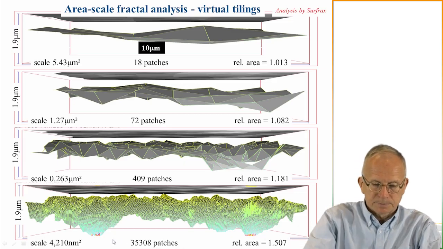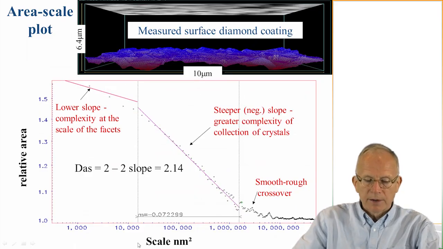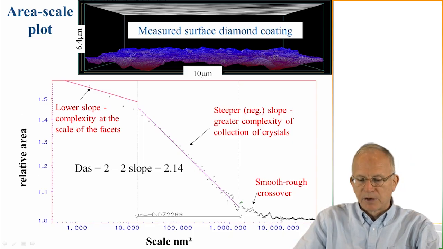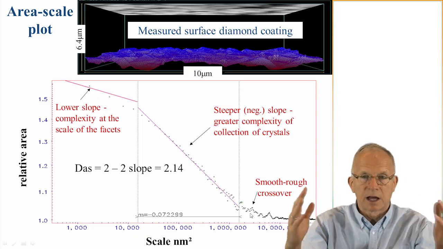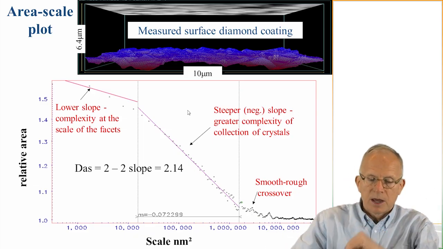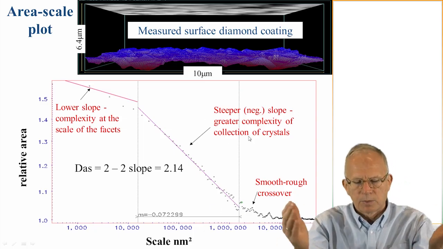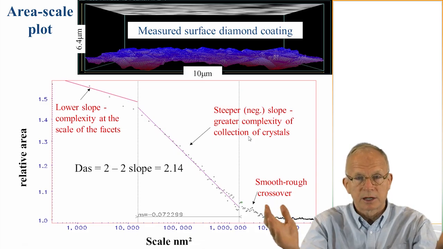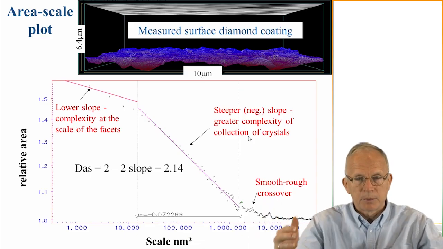So then we can do a plot, log of scale on the horizontal and log of relative area on the vertical axis. At the very large scales, we can see the relative area is 1. Then there's a smooth-rough crossover where the triangles start to fall into the valleys and climb over the mountains. Then we have a linear portion where we see the scales over which it looks like a collection of little pyramids on big pyramids.